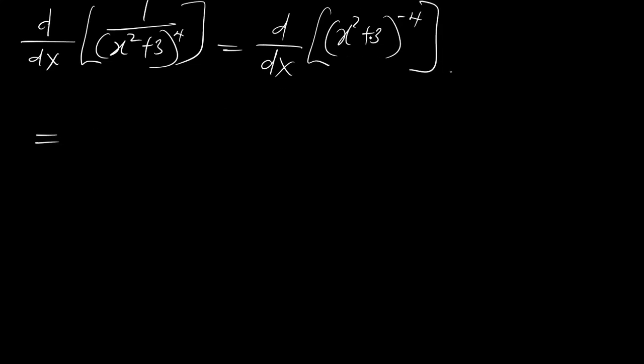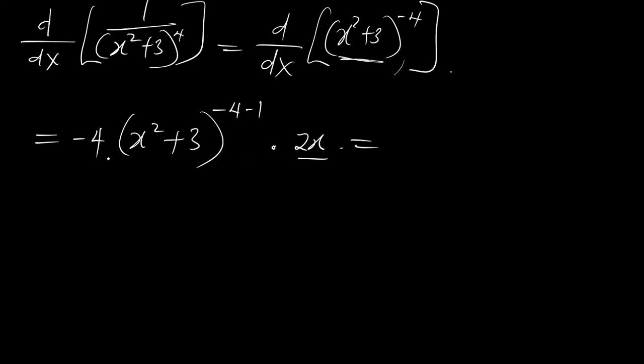When you do the derivative of this, you differentiate it with respect to this function. Now you bring the exponent down. You have 4 into this. Since you are differentiating with respect to this function inside here, the function inside will remain the same, x squared plus 3. Then the power will be minus 4 minus 1, which is minus 5, times the derivative of the inside function with respect to x, which is 2x.